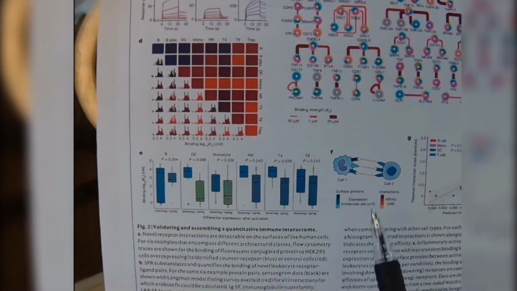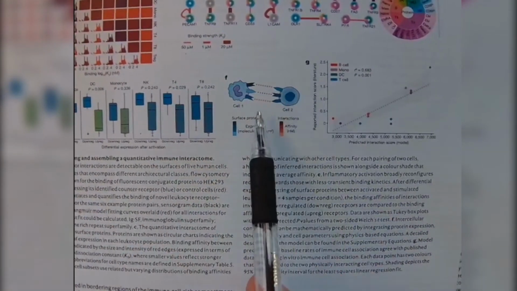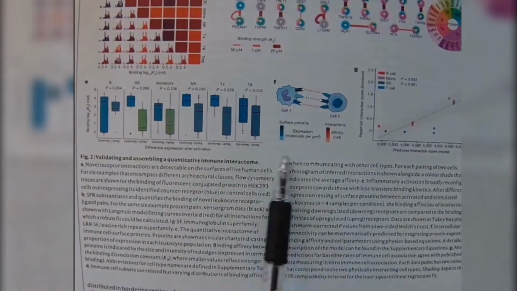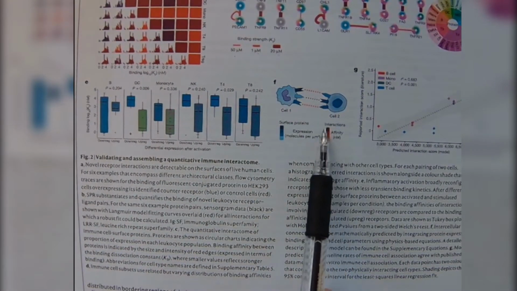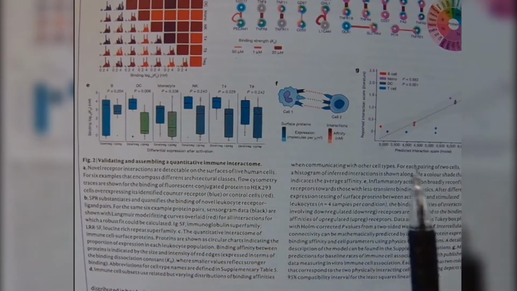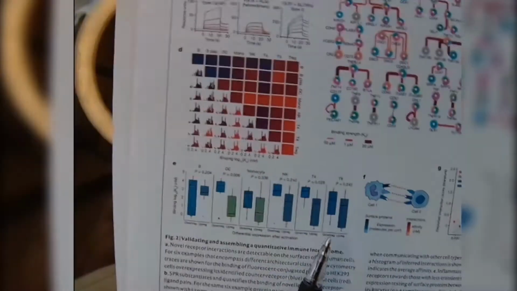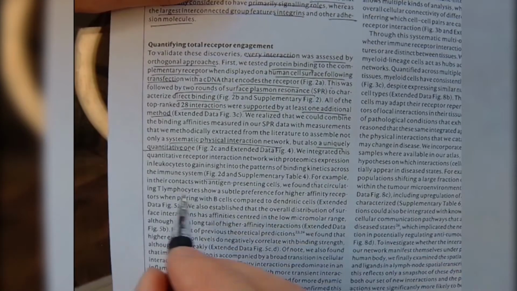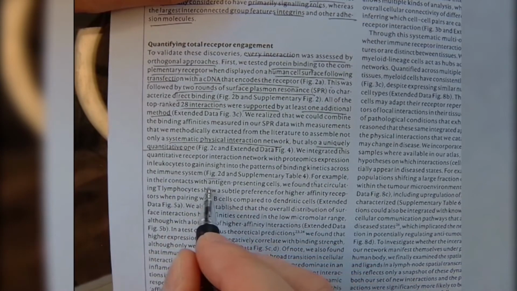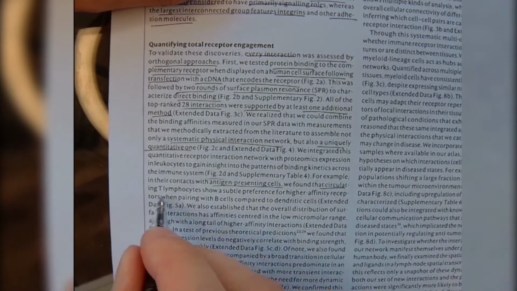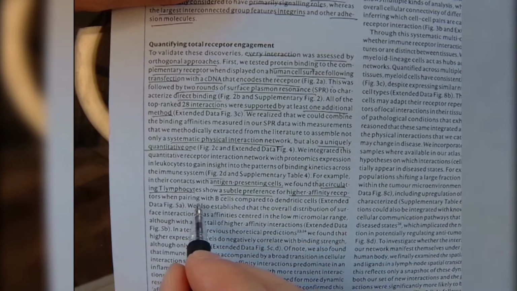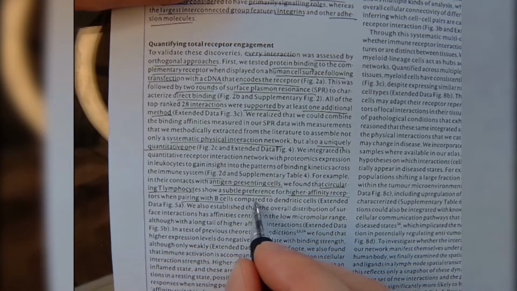They don't really say, but I'm going to assume that the color they are referencing here is dark red for high affinity and dark blue for expression, which is why you have some purple overlying here. "For example, in the context of antigen-presenting cells, we found that circulating T lymphocytes show a subtle preference for higher affinity receptors when pairing with B cells compared to dendritic cells."